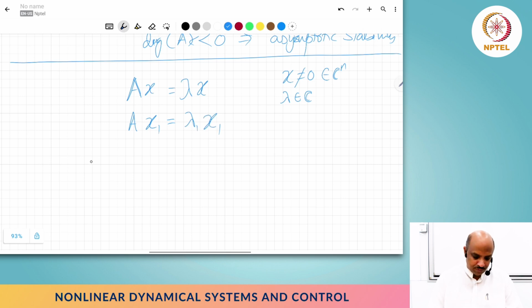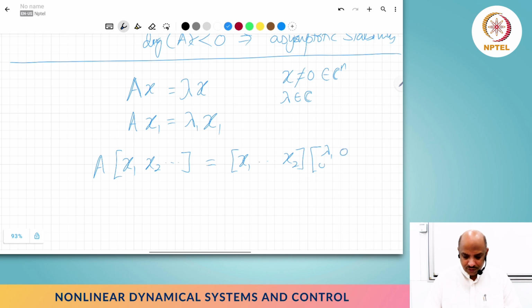And suppose A is n by n, then we actually have n such equations. One simple thing that one can do is put all of them next to each other in a column fashion, and we will be able to write this as a matrix product. So all the eigenvectors put together next to each other, let's call that S, and you'll have the same thing on the right hand side as well, with all the eigenvalues.